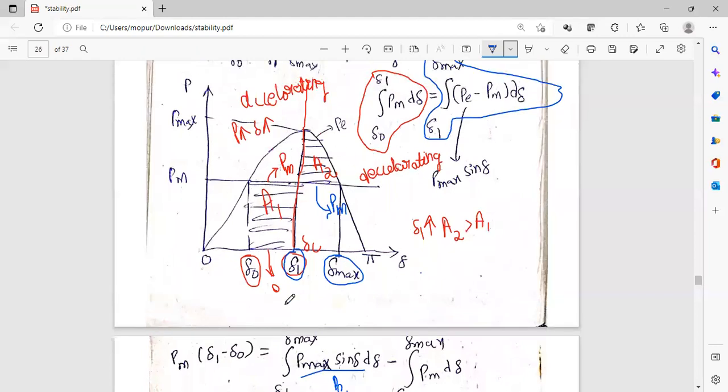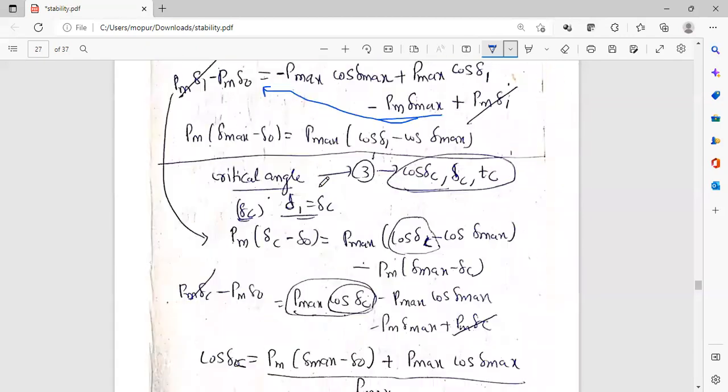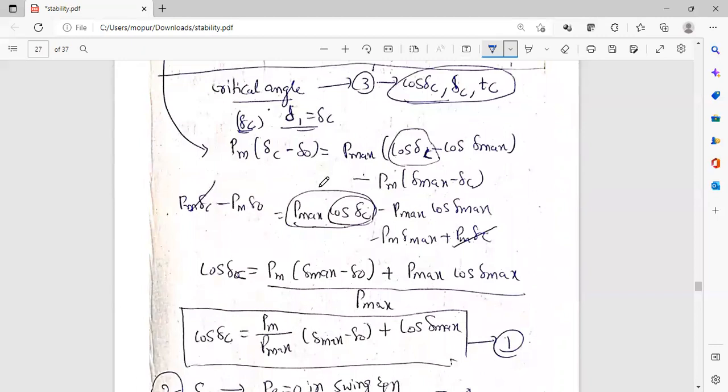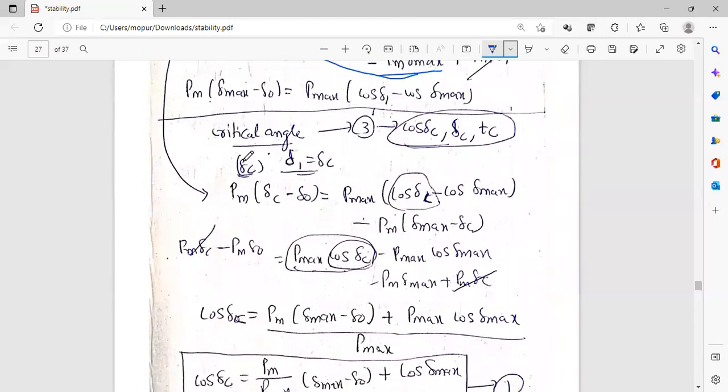If delta 1 increases, when this delta 1 moves like this, what will happen? There will be a change in the area, and the decelerating area and the accelerating area will not be equal. So we should be careful. That is the critical clearing angle. So when delta is equal to delta 1, what will happen?